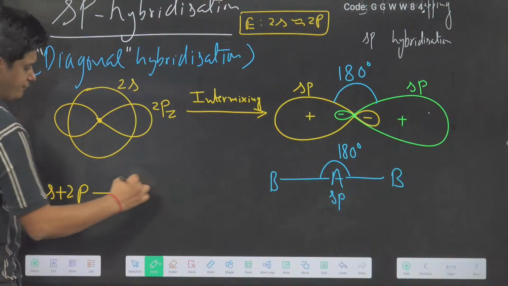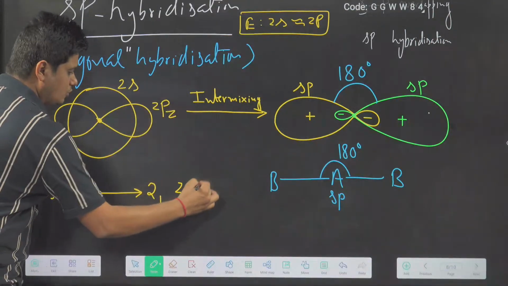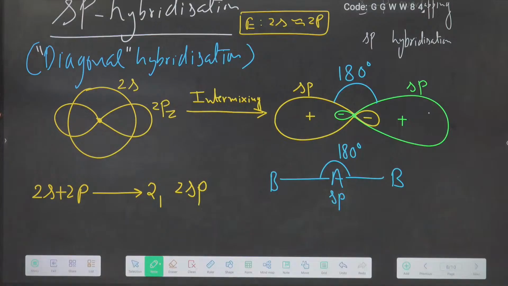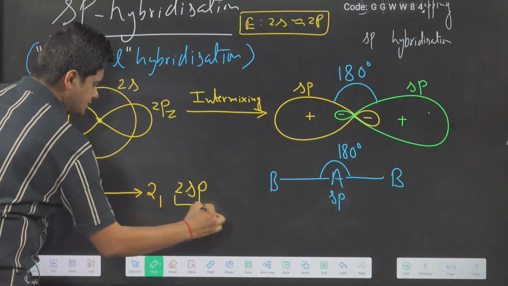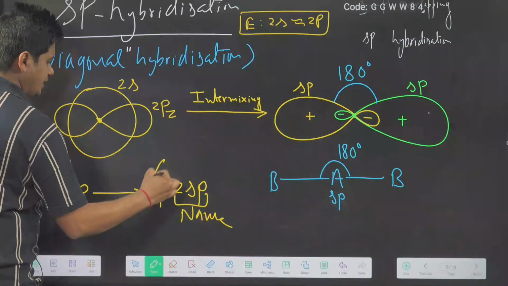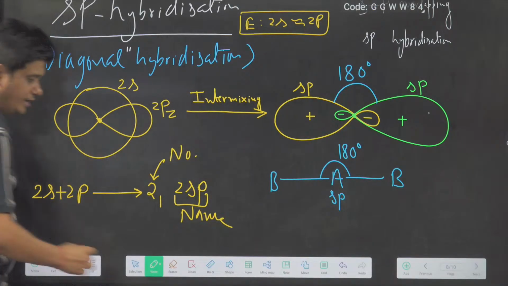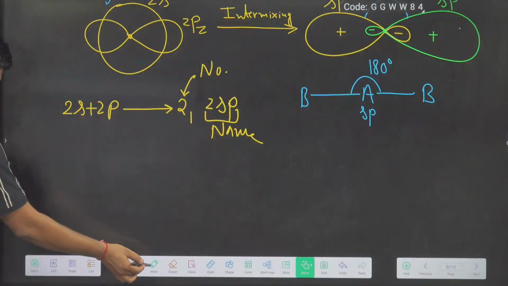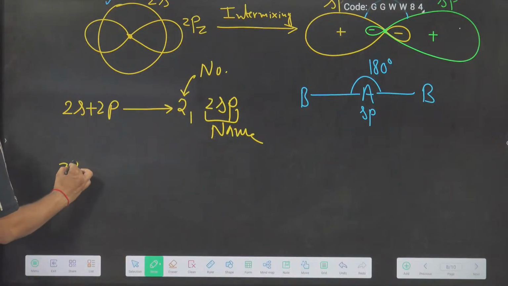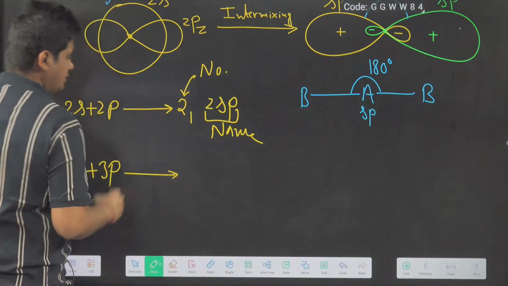Then I will write it like this: 2sp with a superscript 2. What is the meaning of this? This 2sp is the name of the hybrid orbital, and this 2 represents the number of hybrid orbitals. Sir, why is it so? I will take another example so better clarity will come. Let's say this is 3s and 3p. They are going for hybridization.